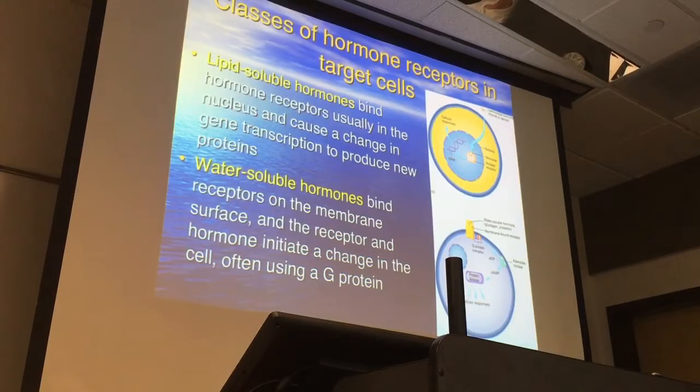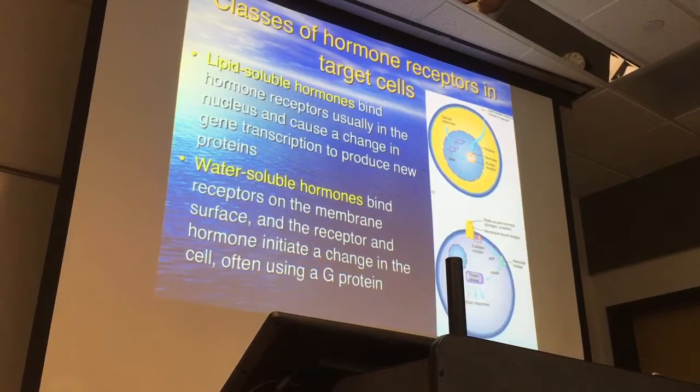Yes? How long would that take generally? Hours to a day, easily, till you have a significant response in the cell. A water-soluble hormone binds to a receptor on the surface because it can't go into the cell, okay? Then it's going to cause a change to already existing molecules and can produce a quick response.